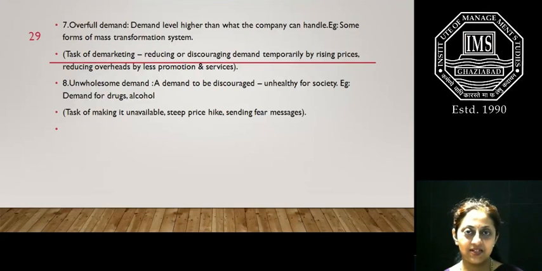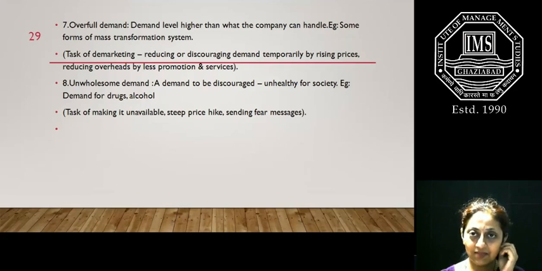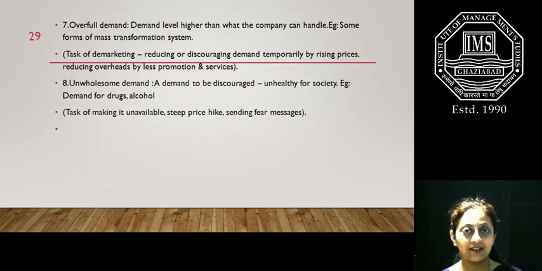The last two demands. Over full demand is a demand which is usually achieved when the organization can actually handle it, like in case of some mass transformation systems, like in cases where there was a big hype which was created by media for Tata Nano by calling it a 1 lakh car.